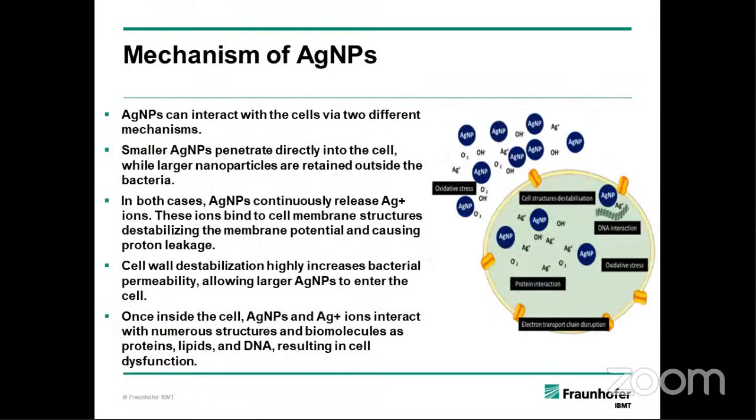So here we see in that picture that silver nanoparticles are producing oxidative stress, which later results in DNA destruction and also the destabilization of the cell membrane. The basic thing the silver nanoparticles do when interacting with the cell membrane is compromise the cell membrane integrity.